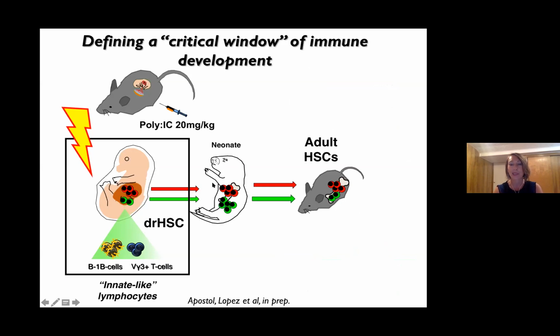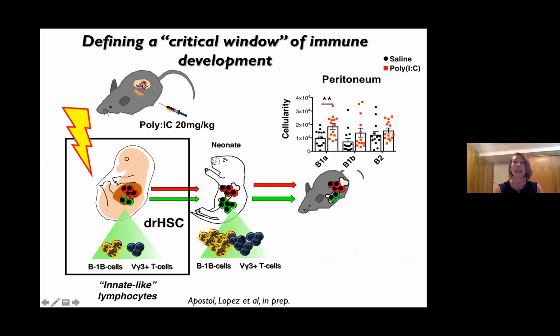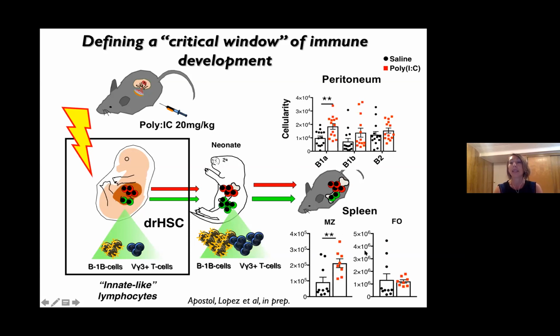Concomitant with this expansion of our DR-HSC, we also observe significant expansion of these DR-HSC-derived innate-like lymphocytes. So here I'm showing you B1A and B1B cells within the peritoneum, and similarly, our conventional B2 cells are unaffected. And we see the same pattern in the spleen, where innate-like lymphocytes in the marginal zone of the spleen are expanded, and follicular zone cells within the spleen are unperturbed.